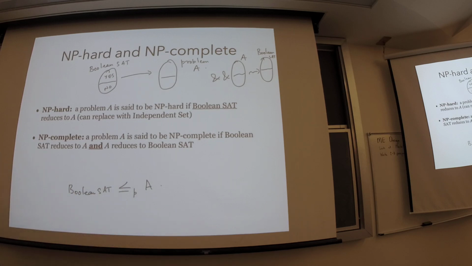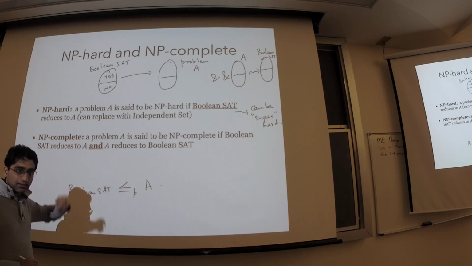NP hard problems can be super hard. Problems that are PSPACE complete or whatever can all be considered NP hard because they are much harder than Boolean SAT, while NP complete is problems that are the same kind.